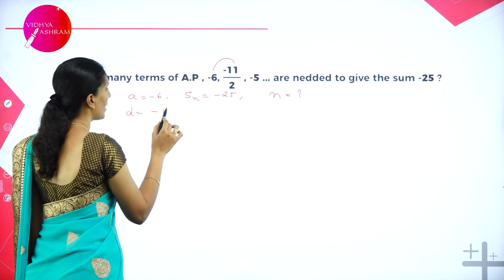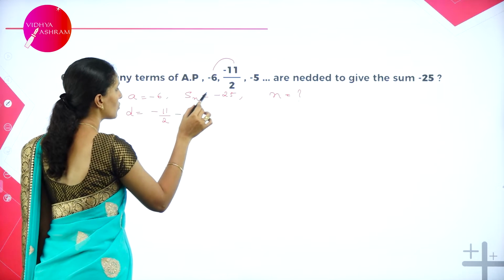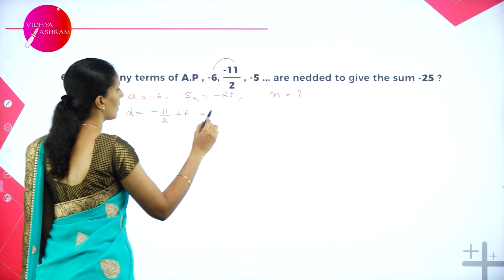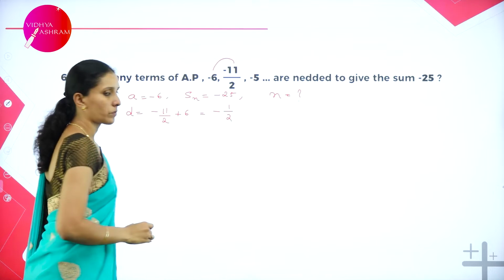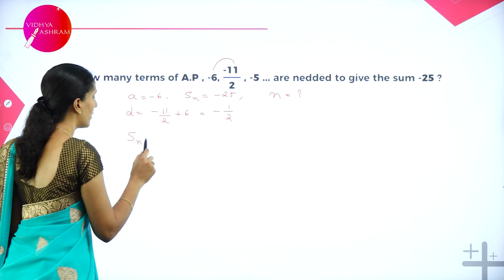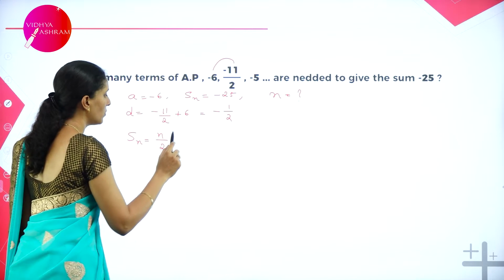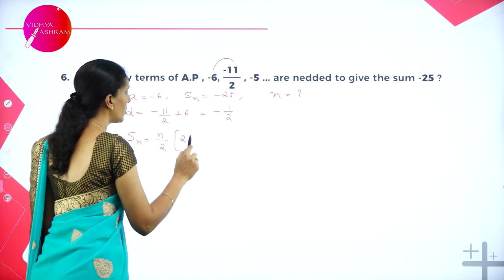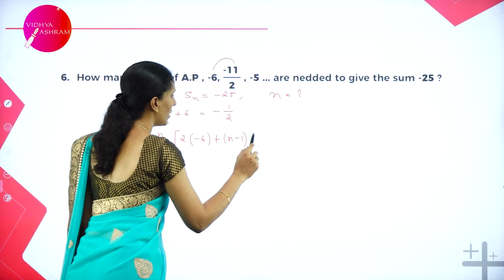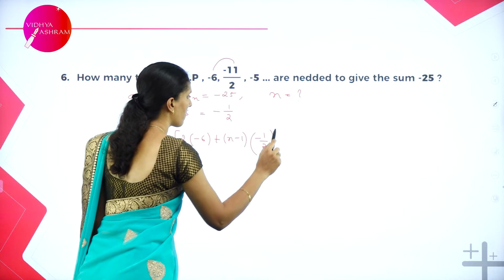So that is minus 11 by 2 minus of minus 6, which becomes plus 6, which is minus 1 by 2. Now let us calculate using the formula. Sn is equal to n by 2 into 2 into A, that is minus 6, plus n minus 1 into D, that is minus half.